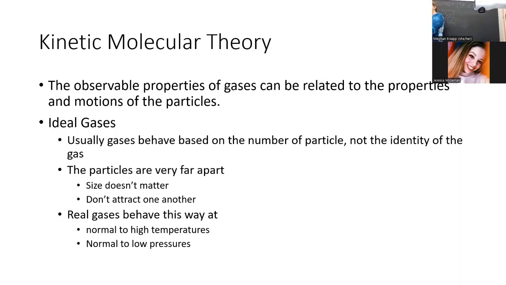So it's not just those properties, but also the idea that the molecules are very far apart from one another, and that they're moving very quickly. And those are going to lead us to a description of ideal gases.